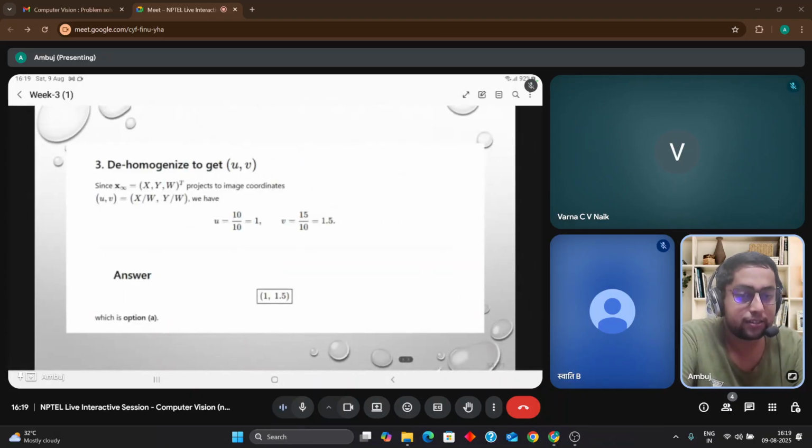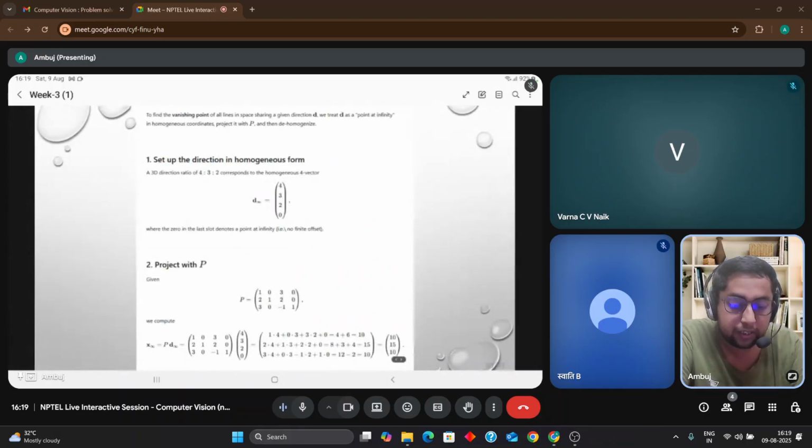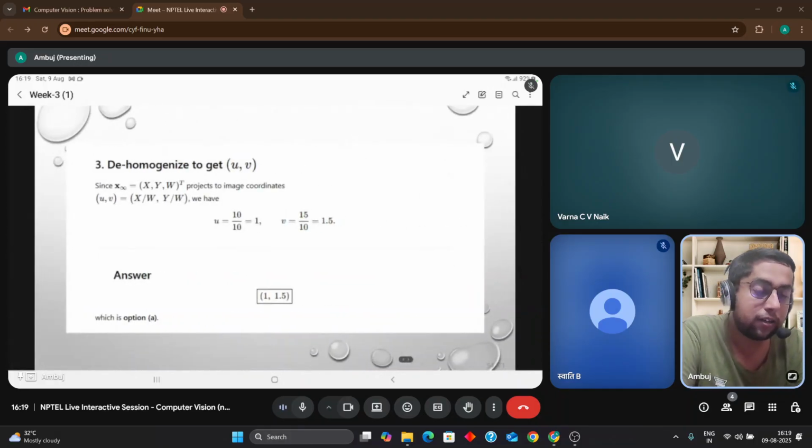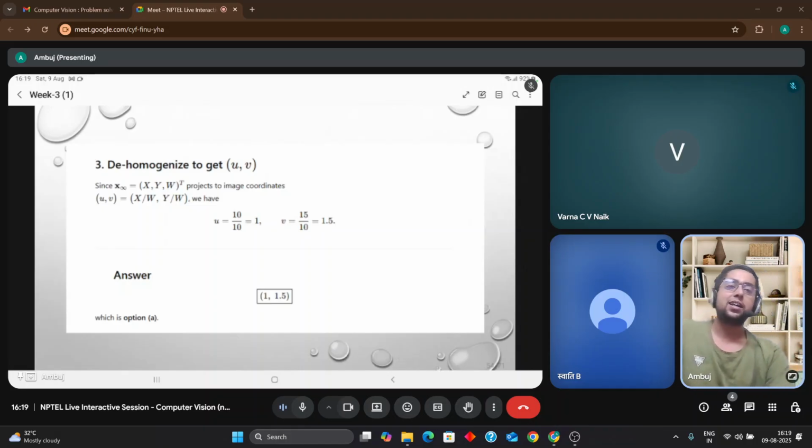Try to dehomogenize by getting the ratios u comma v. u comma v is nothing but X by W, Y by W. The last component is W, which would be 10. So you divide all the values by 10. 10 upon 10 is 1, and v is 15 by 10, that is 1.5. So you will get 1 comma 1.5.